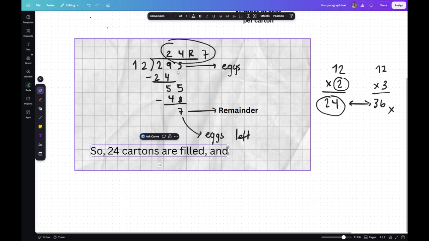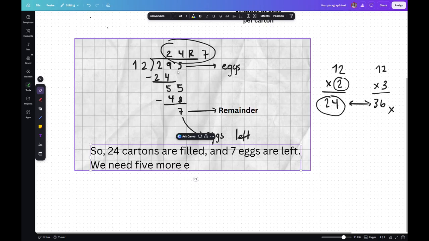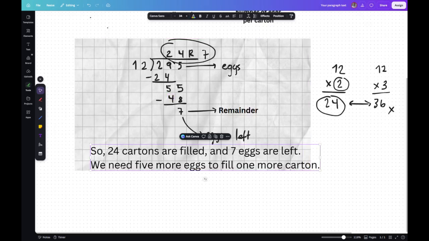And how many eggs are left? And 7 eggs are left, right? So we need 5 more eggs. If we want to answer deeply the question, we can include this part. We need 5 more eggs to fill 1 more carton, and that's going to be the answer.